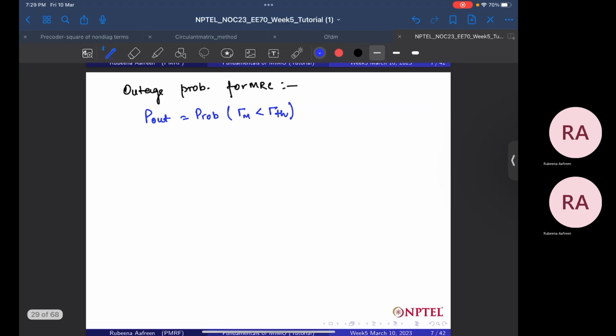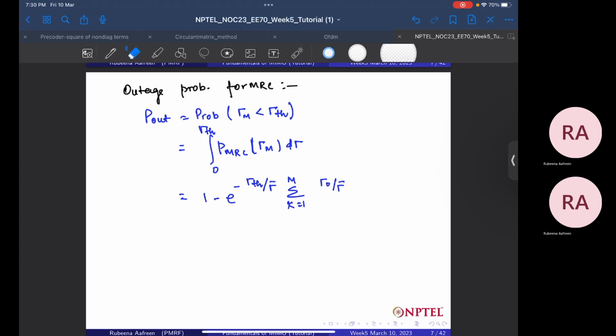So the PDF is given in the text, and when you integrate it from 0 to gamma threshold, it will come as 1 minus e to the power of minus gamma threshold by gamma bar, summation k equal to 1 to m, gamma threshold by gamma bar to the power of k minus 1 divided by (k minus 1) factorial.